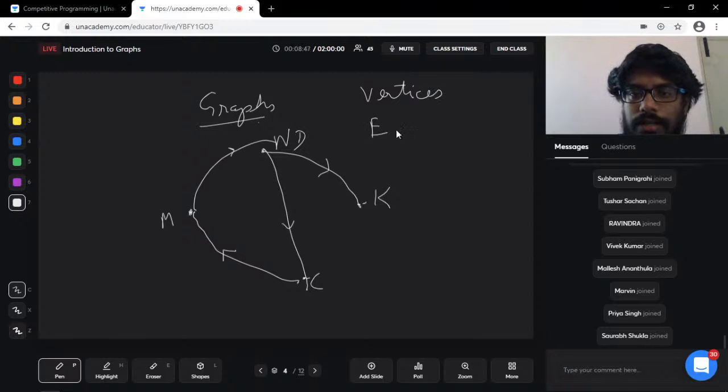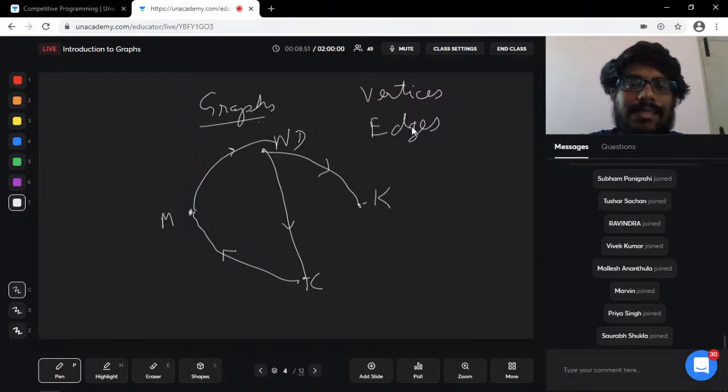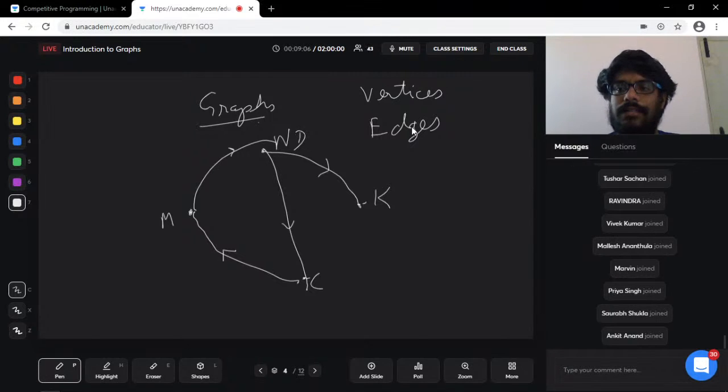Vertices and edges, right? So in essence, in this example we saw, edges are flights and vertices are cities, and each flight goes from one city to another. So edges go from one vertex to another vertex, and this is always the case.